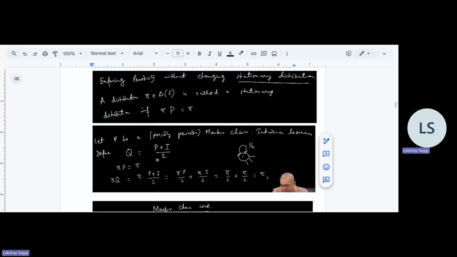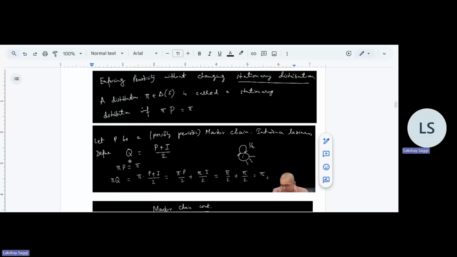One can also prove that this chain has a stationary distribution, and the stationary distribution for Q is equal to the stationary distribution for P. And why is this true? This was also proved in the lectures. Suppose pi is a stationary distribution for the Markov chain P. Then for the Markov chain Q, what does pi times Q look like? pi times Q is nothing but pi times (P plus I) divided by 2, which is pi P by 2 plus pi I by 2.